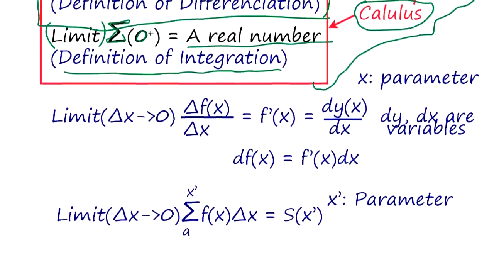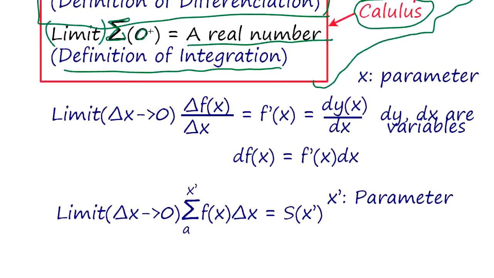In order to achieve this, we manipulate the equations and get the derivatives and integrals. Once you understand that, there's nothing mysterious about calculus. For example, the limit as delta x goes to 0 of delta f(x) over delta x, where f(x) is a function value at x. This ratio of infinitesimally small numbers is written as f prime of x. x is a parameter now, at the point x.